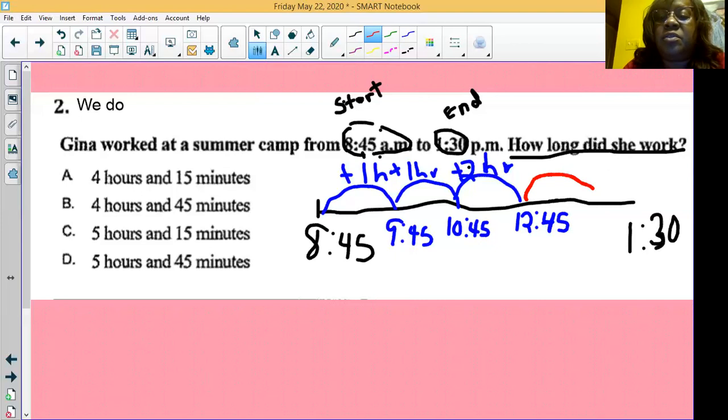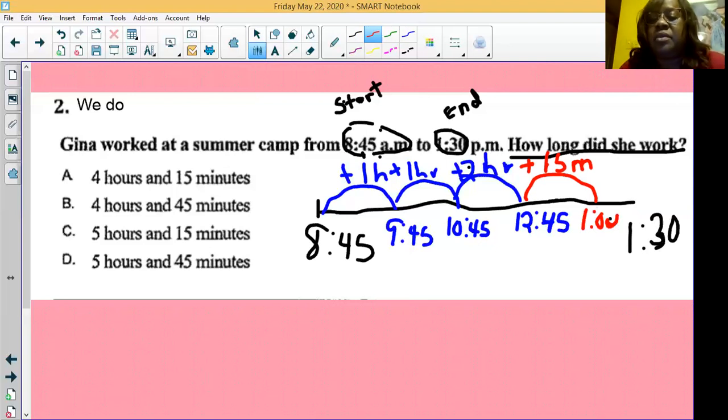So let's jump 15 minutes and label that plus 15 M's, M standing for minute. Okay, so now that brings us to 1 o'clock.